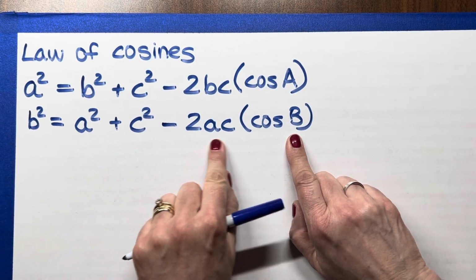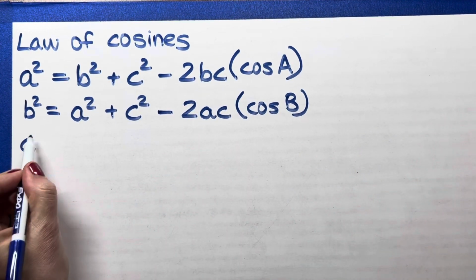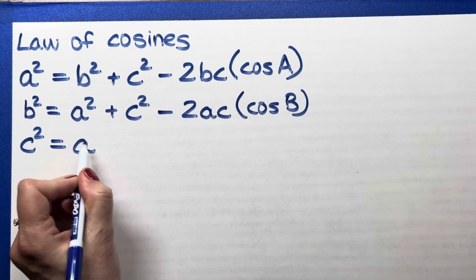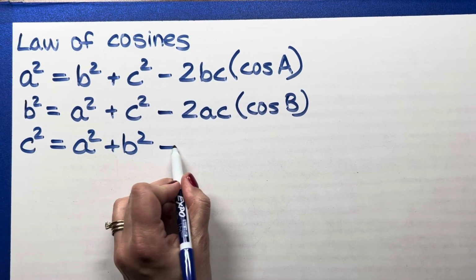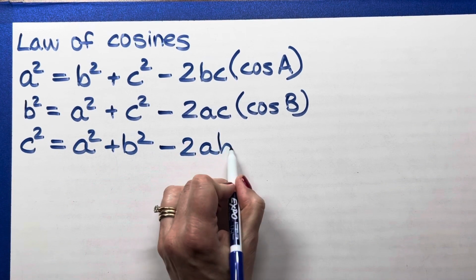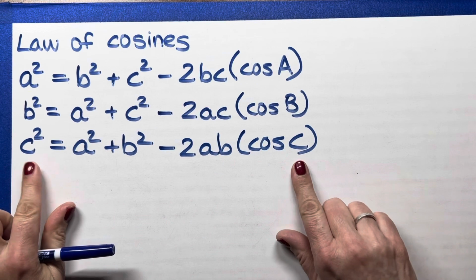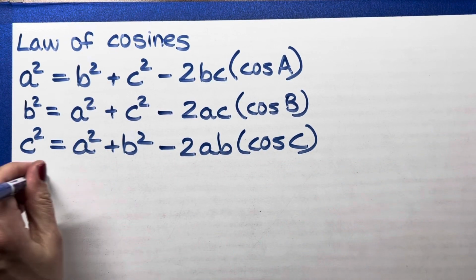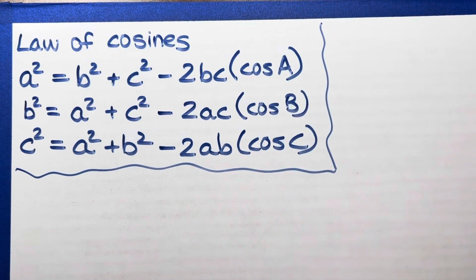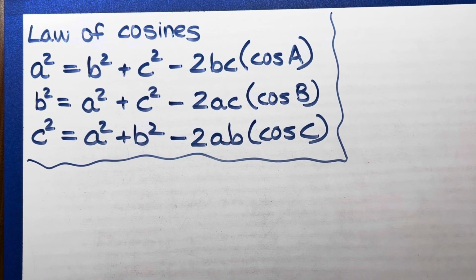My squareds are the same variables that are in the middle with the 2ac. And if I change it to c squared, it's a squared and b squared go here. Then it's 2ab, and then it's cosine of C. So first and last are the same. These two are the same here. You will only use one of these for your problem. You will not need to use all of them each time.